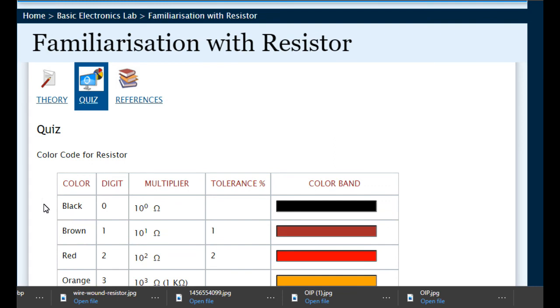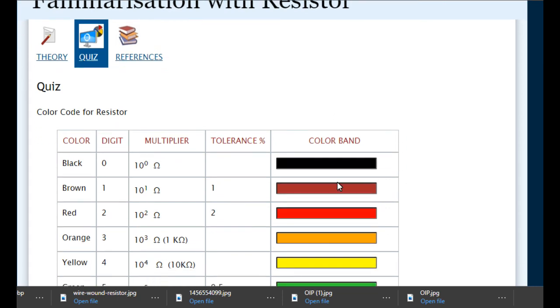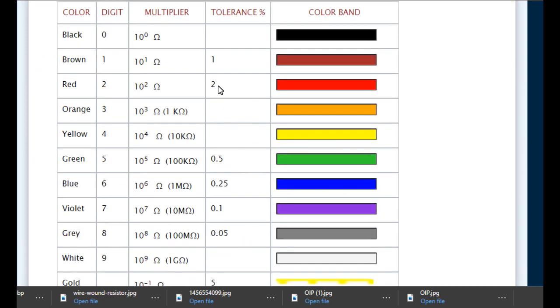In this part, again, all the colors, their respective color bands, their values, multiplier values and tolerance values have been described according to the color.